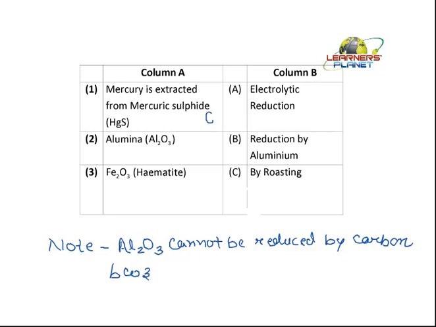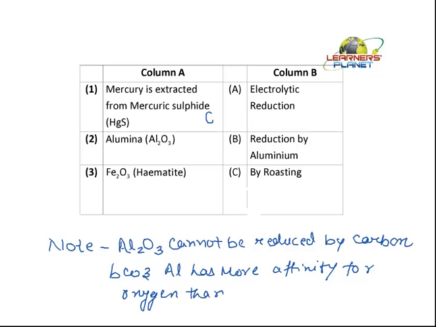Because aluminium has more affinity for oxygen than carbon. And if at all we need to reduce it by carbon, a very high temperature is required. And to attain that high temperature, the cost of the company will rise. So what is done is, it is reduced by electrolytic reduction.